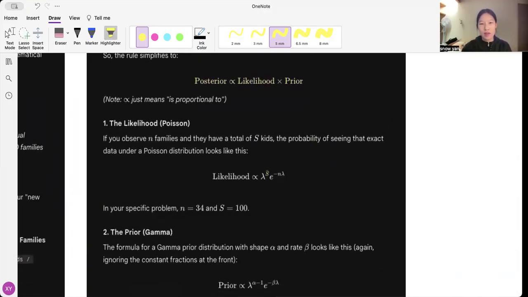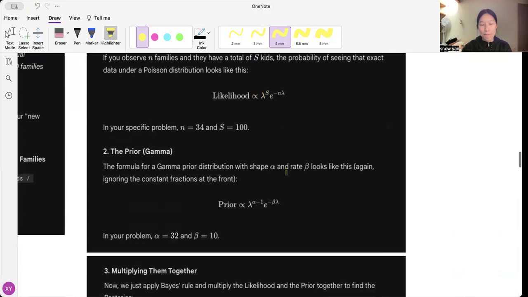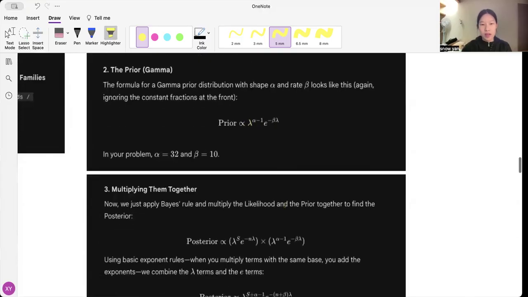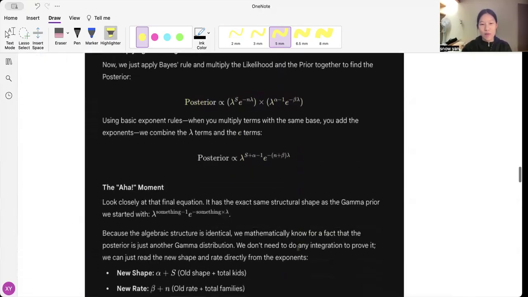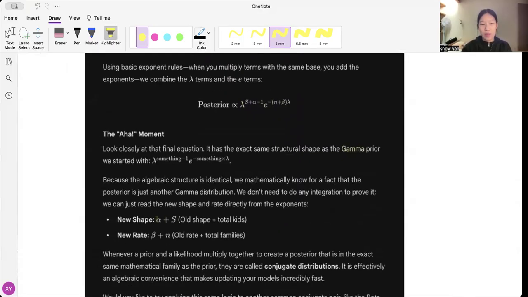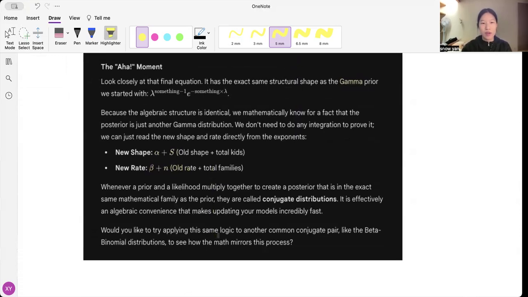The likelihood follows the Poisson distribution, which looks like this, and our prior, which we assumed to be gamma, looks like this. If we combine these, the posterior is proportional to this thing, which is again of the form of a gamma distribution. So the new shape is alpha plus s and the new rate is beta plus n. That's how we get exactly what we had above.